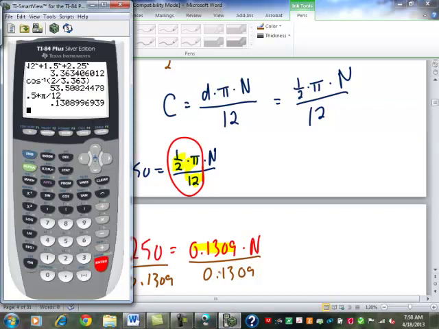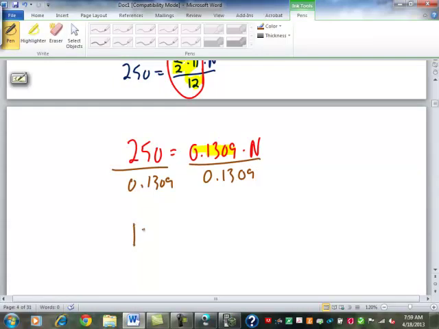So 250 divided by 0.1309 is basically 1900 RPM we can run. 1909 RPM. We're going to call it 1900.